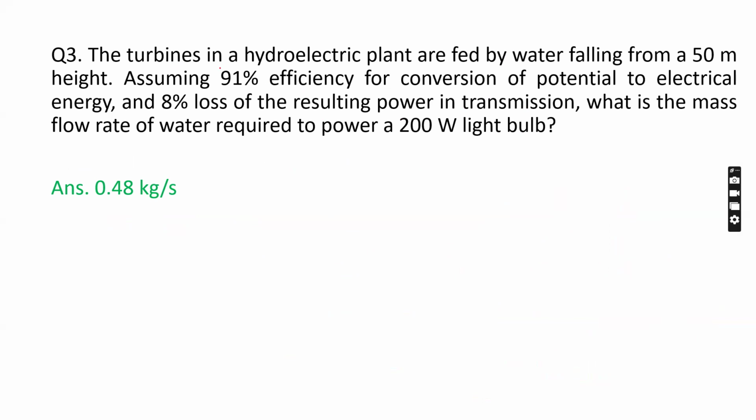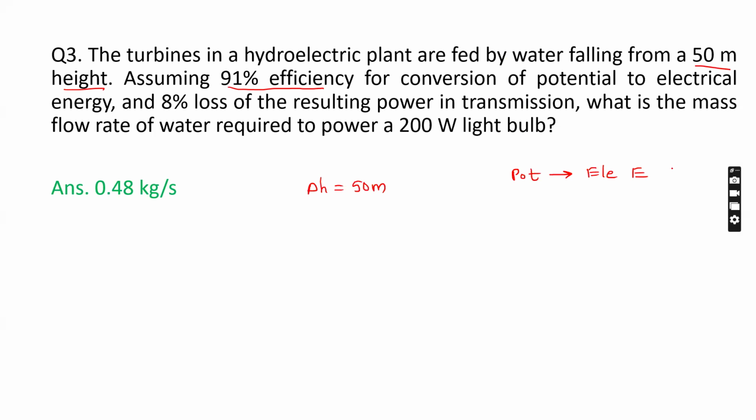Here, the turbines in a hydroelectric plant are fed by water falling from a 50-meter height. Okay, delta H is equal to 50 meter. Assuming 91% efficiency for conversion of potential energy to electrical energy, right?